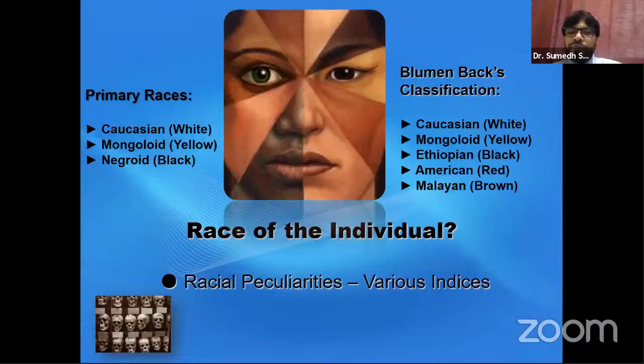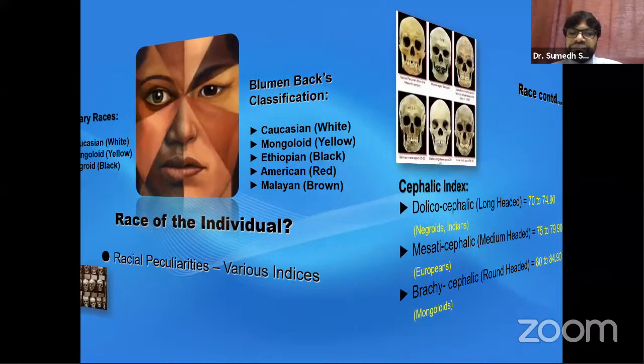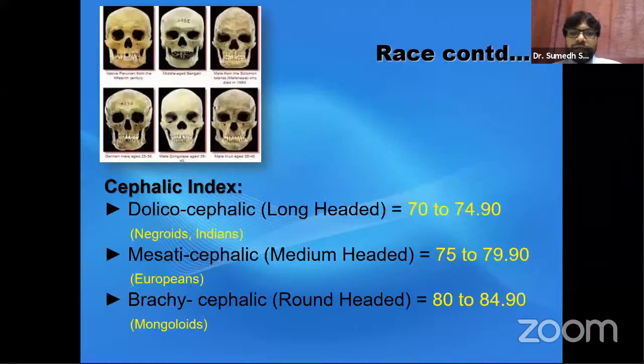On the basis of racial peculiarities, certain anthropologists have studied and put data in the form of various indices. So let us see this data. If you see the cephalic index, this is the index which indicates the shape of the skull. These are certain Latin terms.